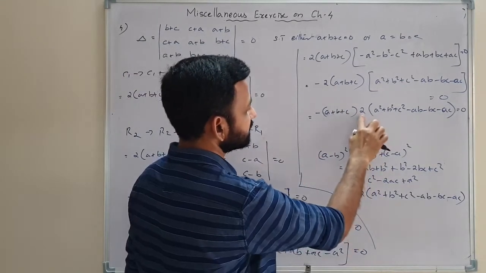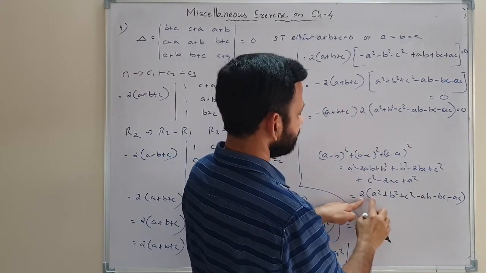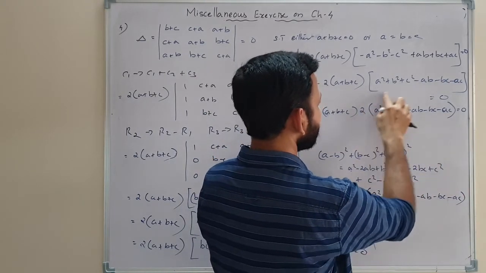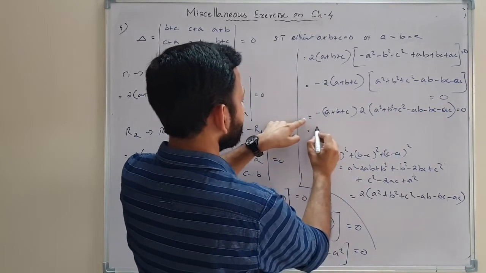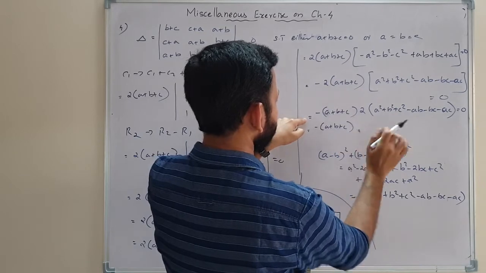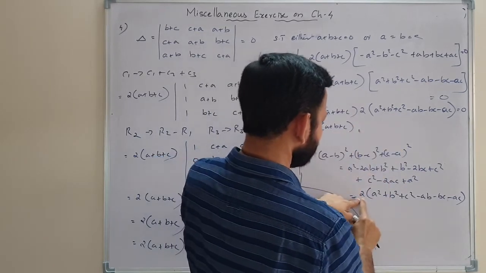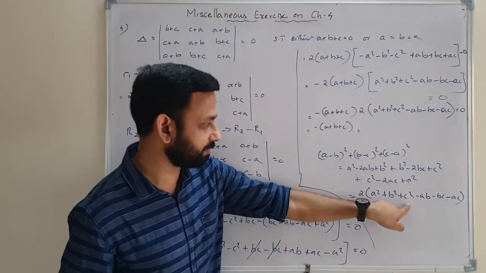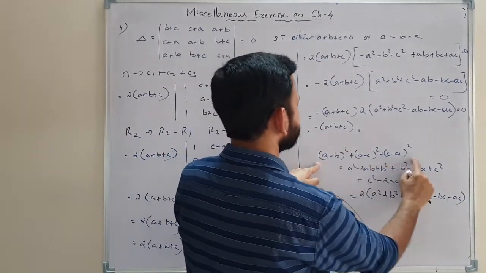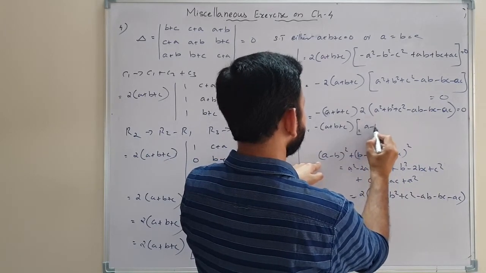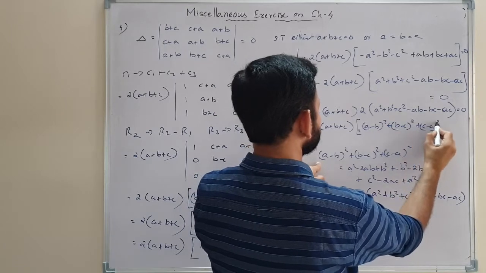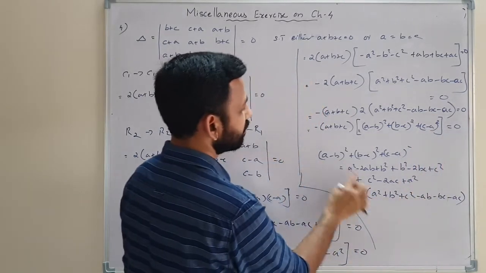Then we can replace this part, 2 into (A square plus B square plus C square minus AB minus BC minus CA), by (A minus B) whole square plus (B minus C) whole square plus (C minus A) whole square equal to 0, because both of them are equal.